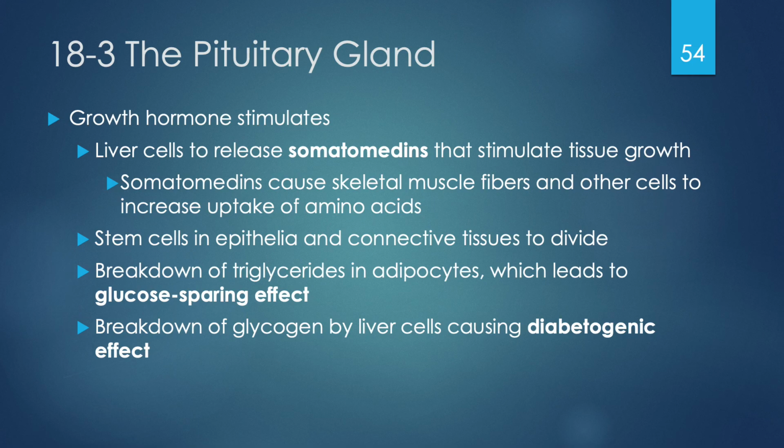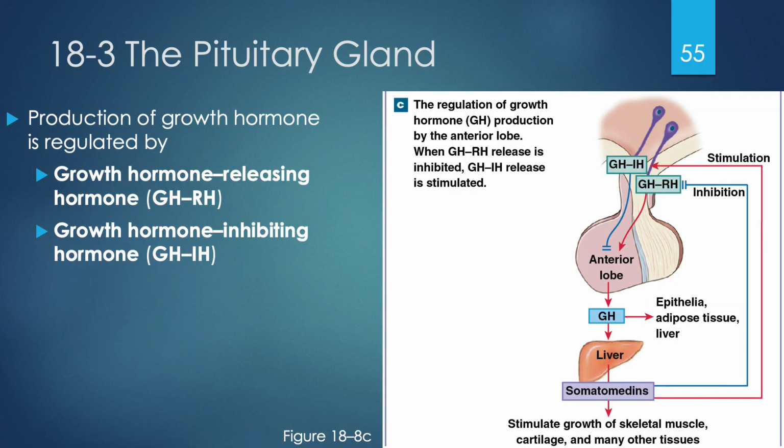And when people take growth hormone, a number of things will happen that are considerably undesirable, but one of which is the diabetogenic effect. Growth hormone, as you already know, is produced by the adenohypophysis, but there's also both the ability to turn this on and to dial it back. And so this is via growth hormone releasing hormone and growth hormone inhibiting hormone. And these play an important role in turning on and turning off the application of growth hormone.